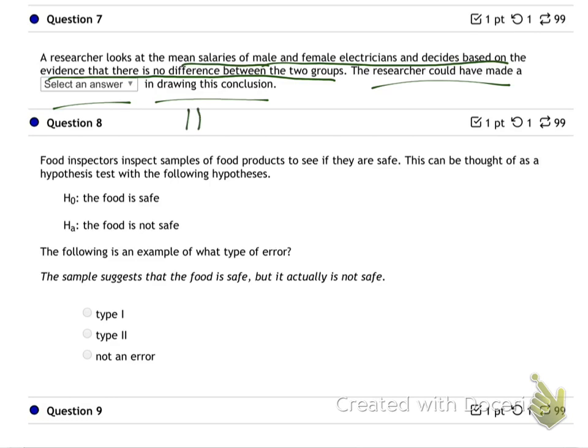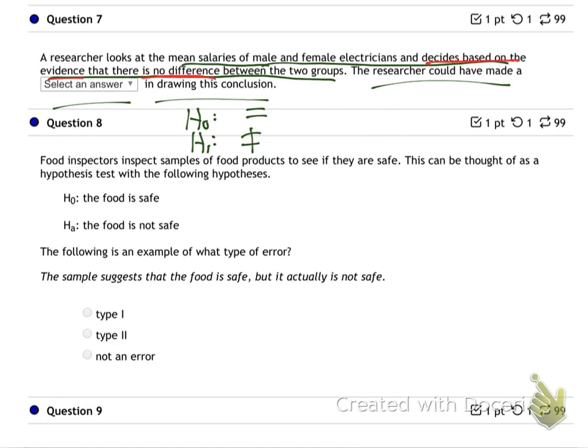Well, you've got to lay out the null and the alternative. Remember, the null is always equal. Always, every time. So what would the H1 be in this case? Not equal. The opposite, huh? It's always the opposite. So the H1 would be not equals. Okay. So what did they say happened? What did the researcher decide? Decided based on the evidence that there's no difference.